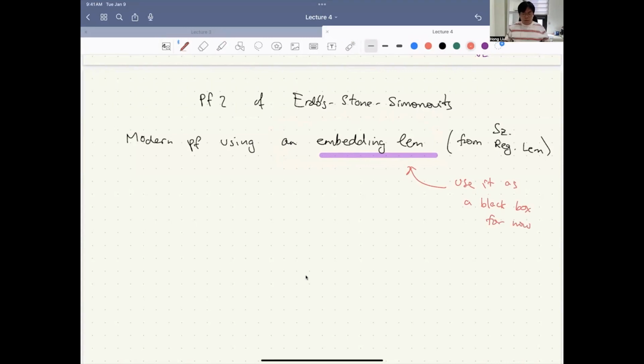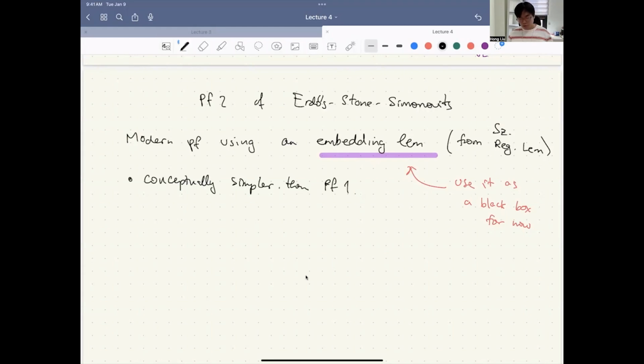So assuming this embedding lemma, Erdős–Stone–Simonovits has a very quick proof. So it's conceptually simpler than the first proof.